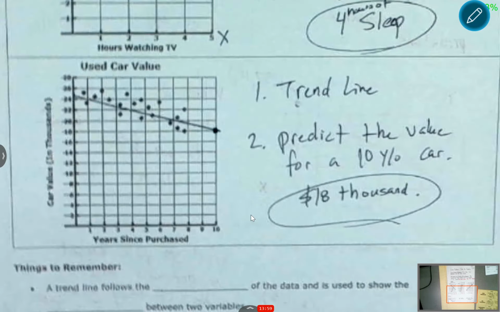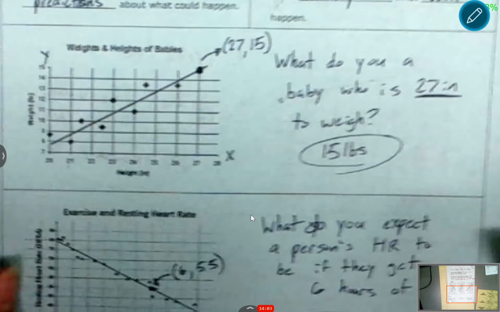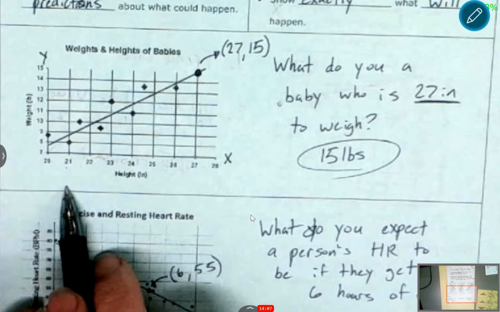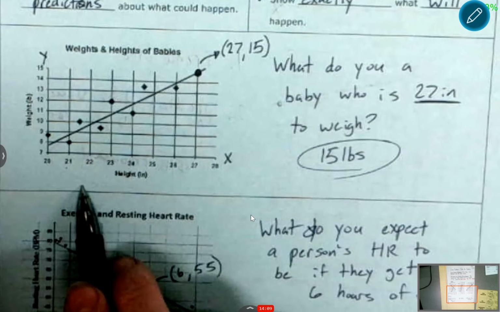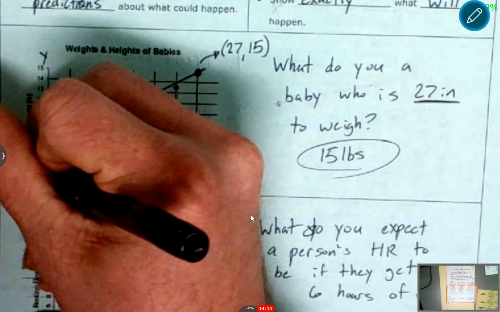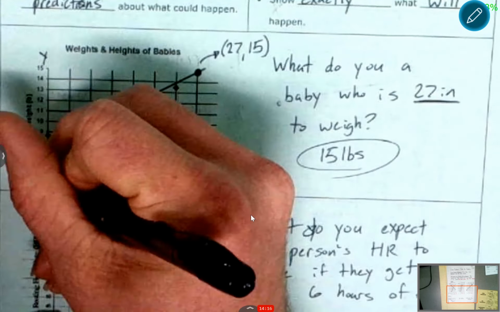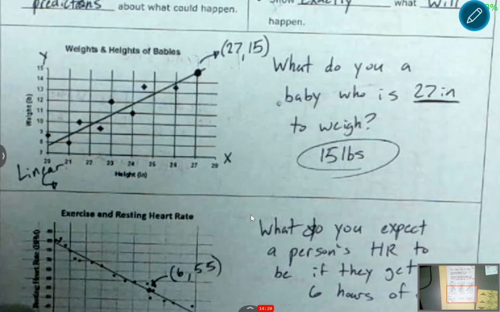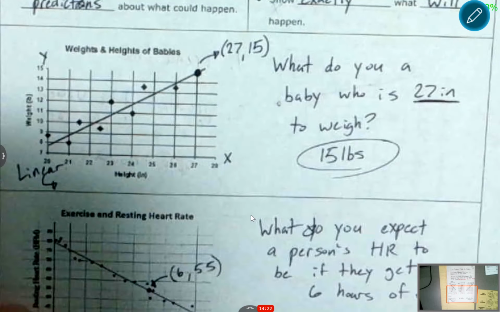Real quick, we're going to go back through these examples, and I want to ask a couple questions. Is this relationship linear, non-linear, or does it have no relationship? It is linear. Now that we know it's linear, does this have a positive or negative correlation? Take a moment and think.